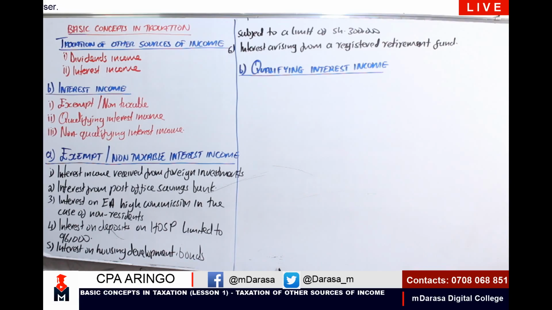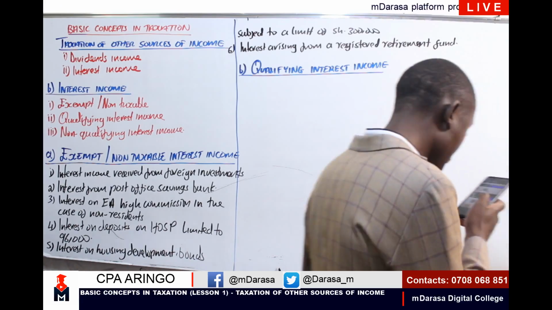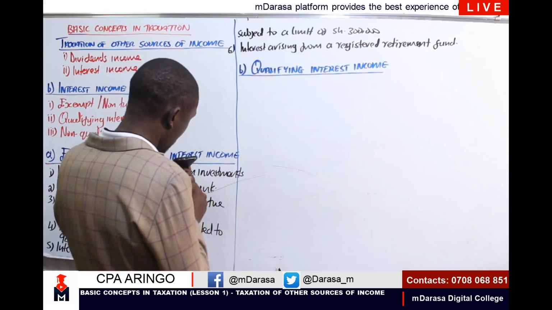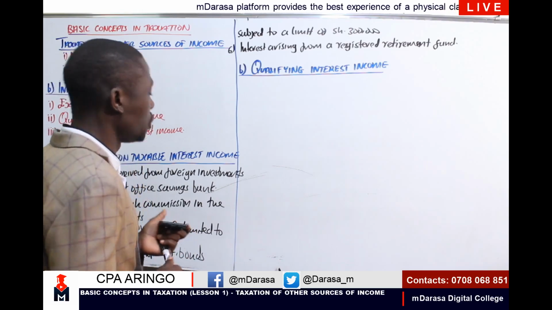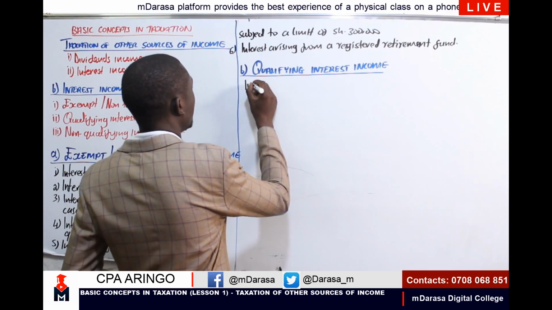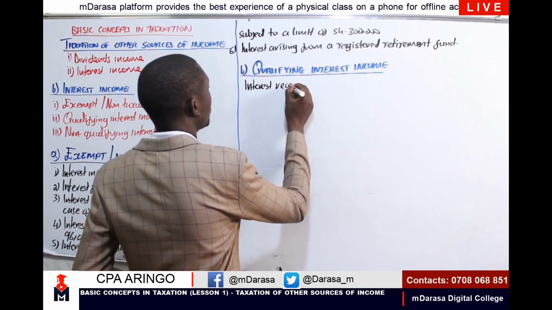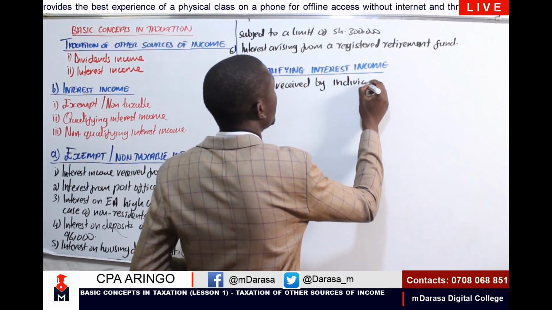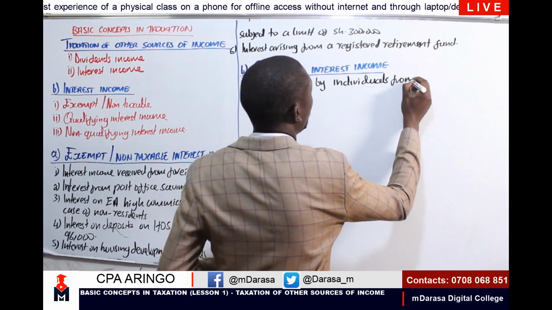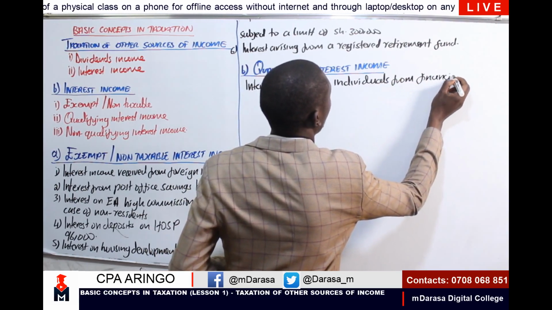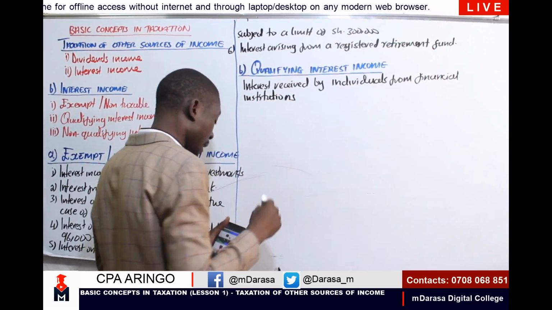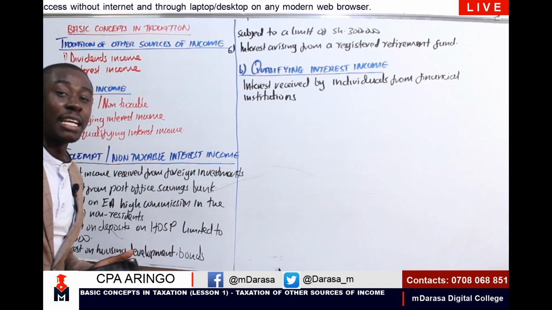We are talking of qualifying interest as interest received by individuals from financial institutions. That is very key to note.